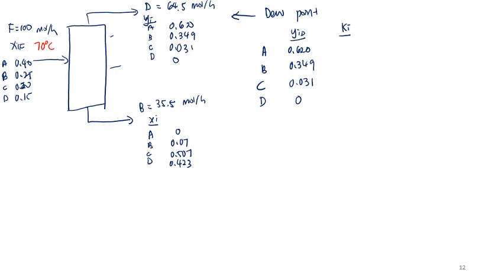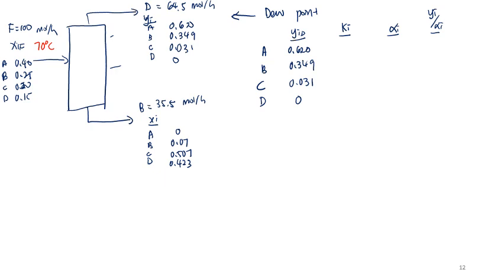And then after you calculate the Ki, you get the alpha I. And to calculate the dew point, you have to have this value, Yi over alpha I, and then the summation of Yi over alpha I later.